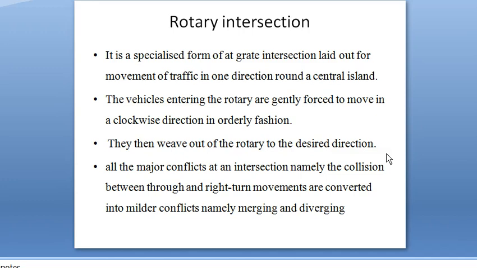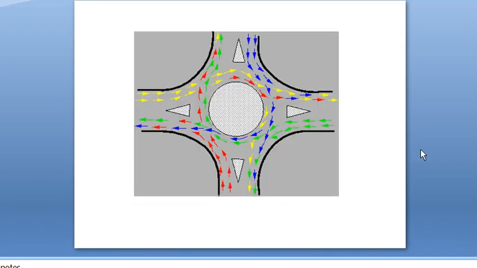Next one is rotary intersection. This is also a specialized form of at grade intersection. It is a type of at grade intersection laid out for movement of traffic in one direction around a central island. Here we are providing a central island, and all the vehicles are forced to move around a large central island in one direction, that is, in clockwise direction.